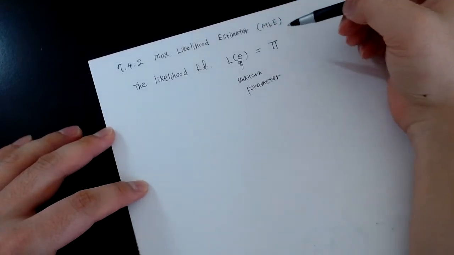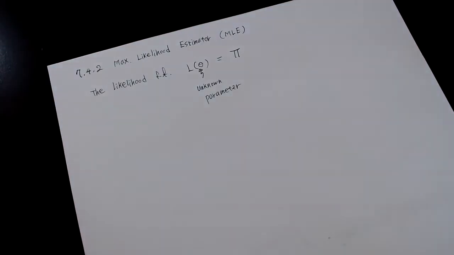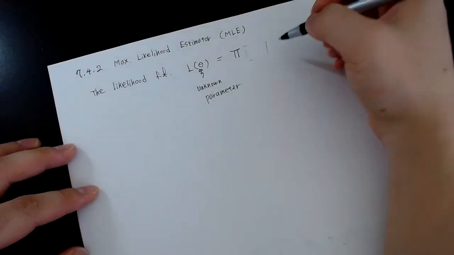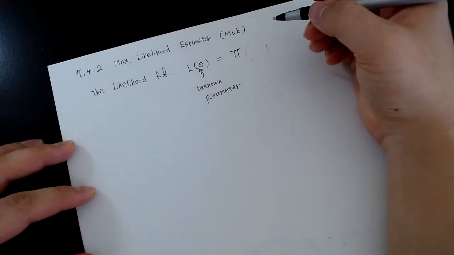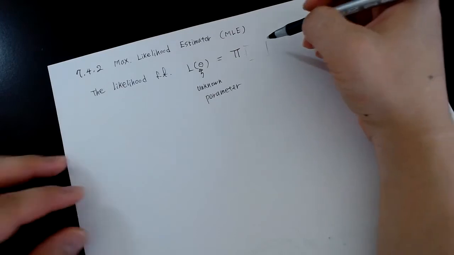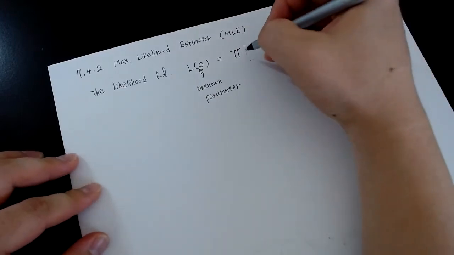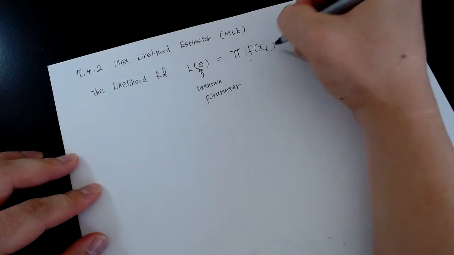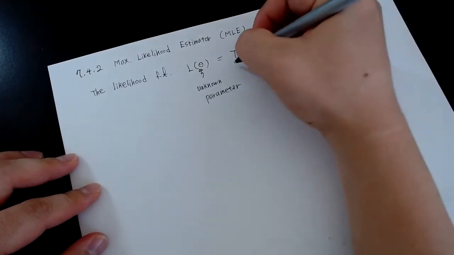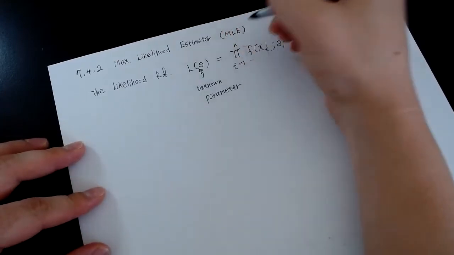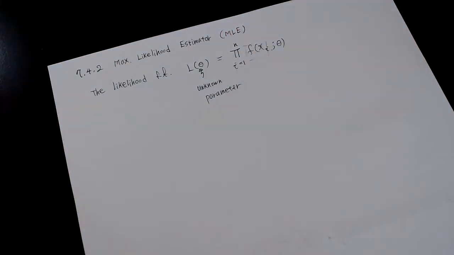You know the symbol pi means the product of the terms, similar to sigma, which is just summation. This is a product of f of xi, colon, theta, where i goes from 1 through n if the size of the random sample is n.